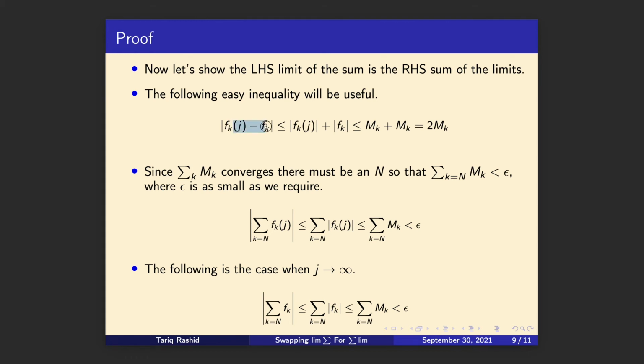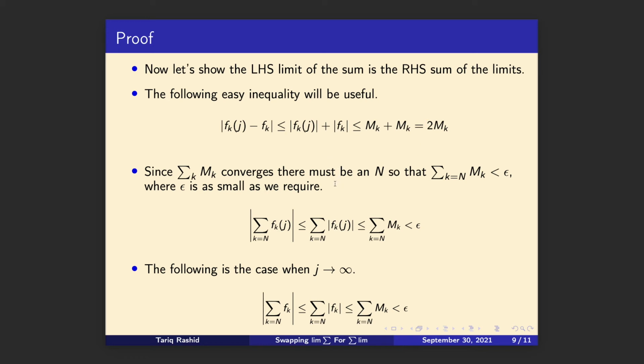It's saying that the magnitude of this difference is less than the sum of those two, which intuitively makes sense as well. Now remember, both of these are dominated by mk, so they are less than or equal to mk and mk, so that's 2mk. So this thing is less than or equal to 2mk. That looked complicated, but quite easy.